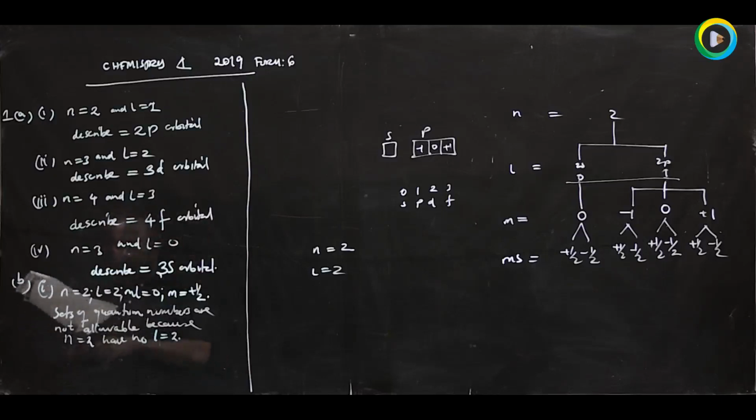It is not correct, because n is equal to 2 cannot have l equal to 2.